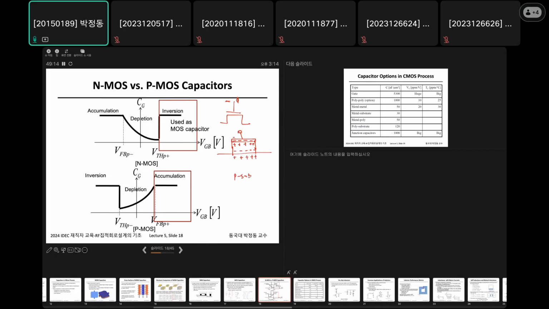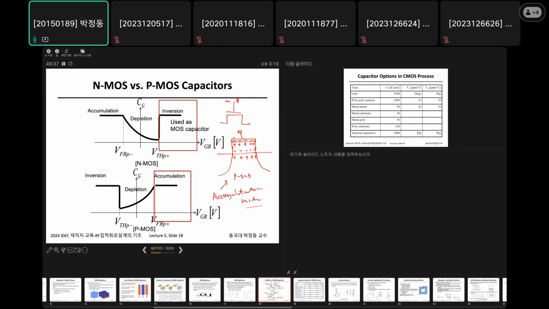Therefore, we say carriers are accumulated. In this operation, we say this is accumulation mode, right?